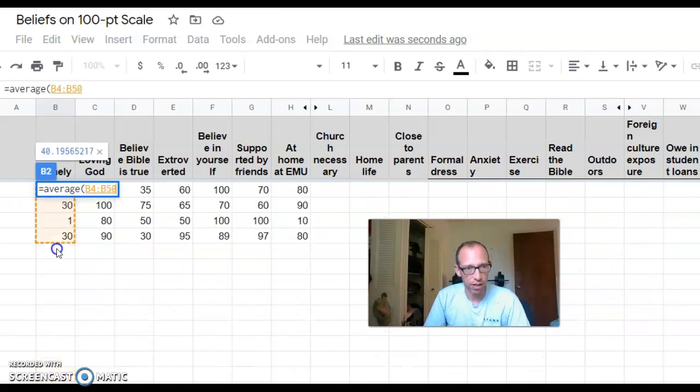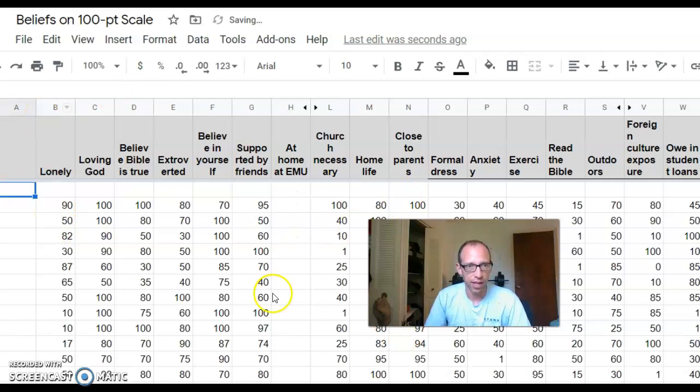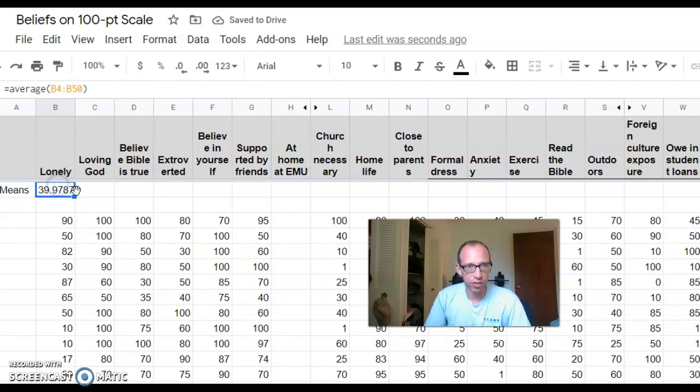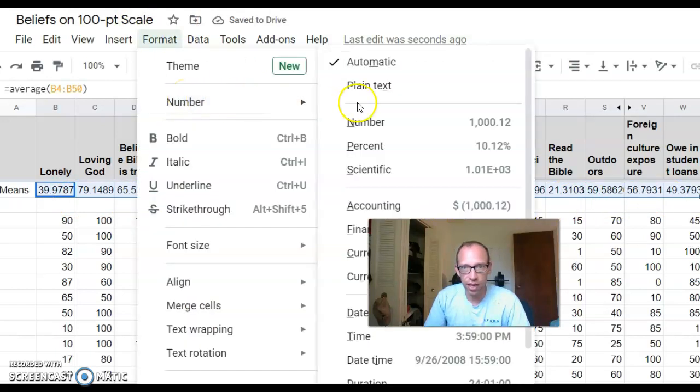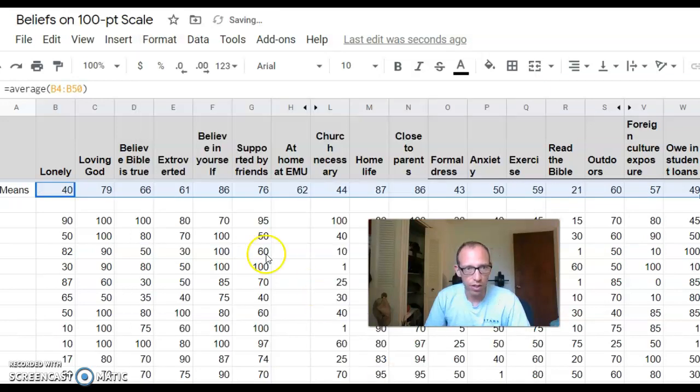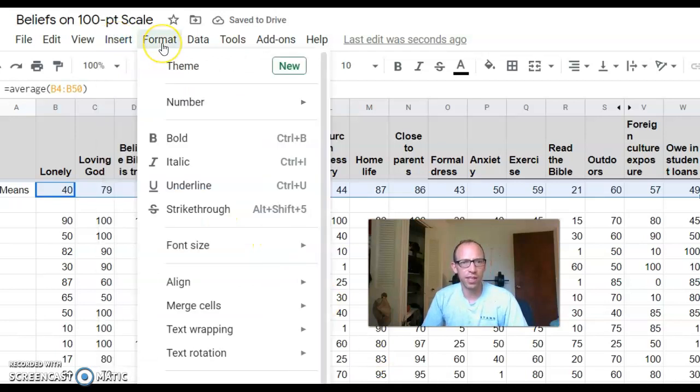Let me select all the way down so I get both classes' worth of data. And then I can drag this across here. And those numbers are a little nasty, so I'm going to just change them to number. And then I'm also going to do something that I like to do here.